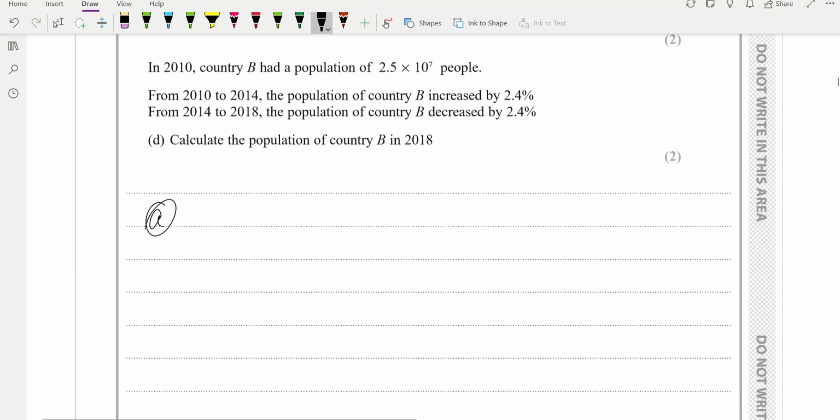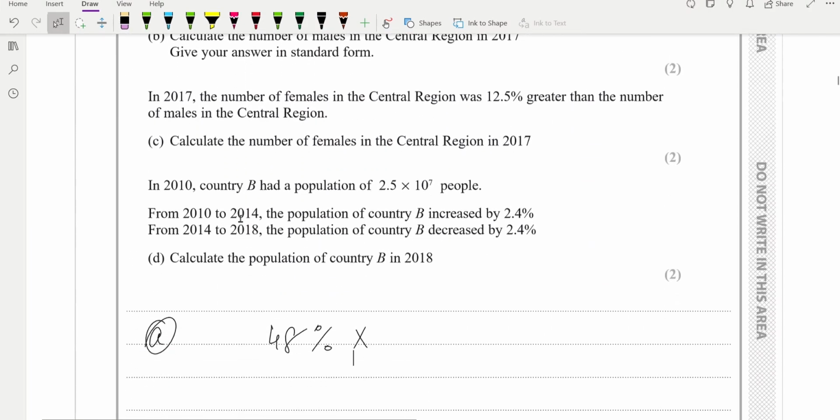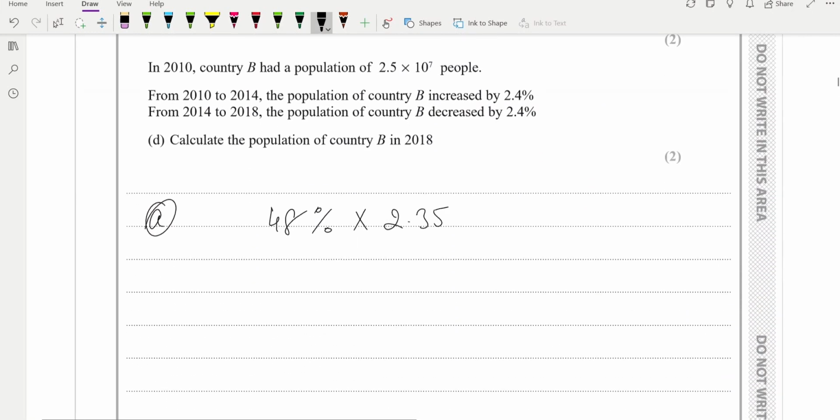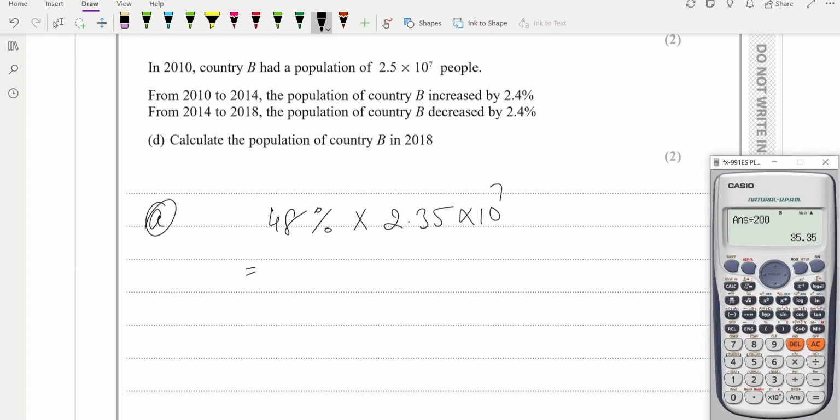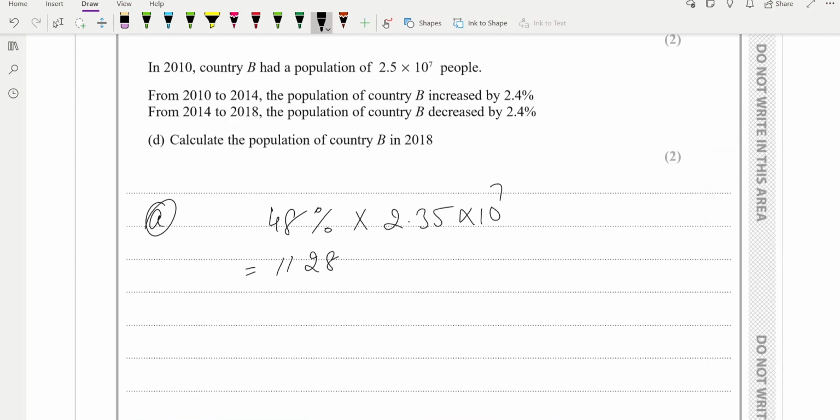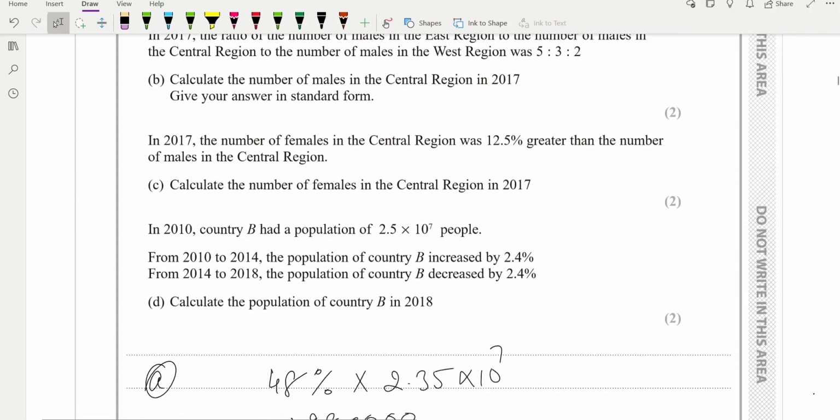The answer for A part is 48 percent of 2.35 into 10 raised to the power 7, and this is equal to 11280000. So this is the answer for A part.